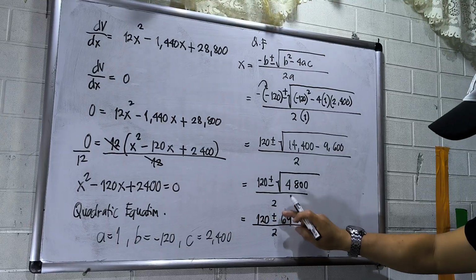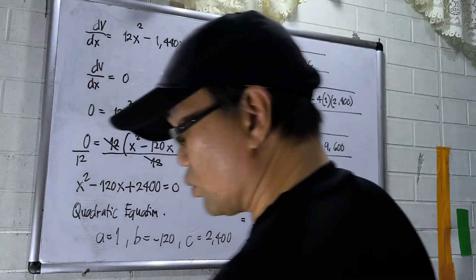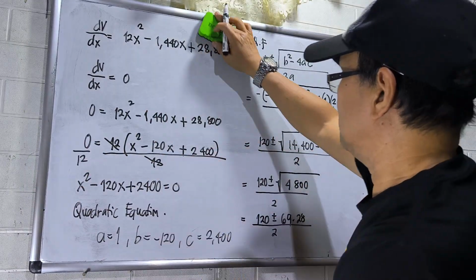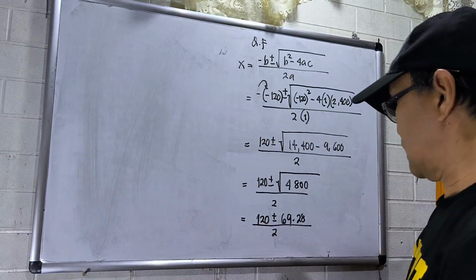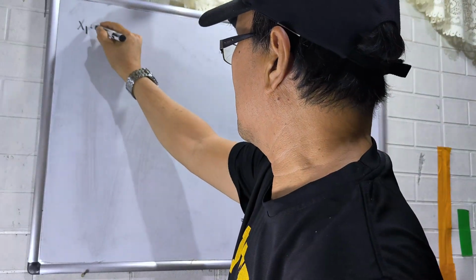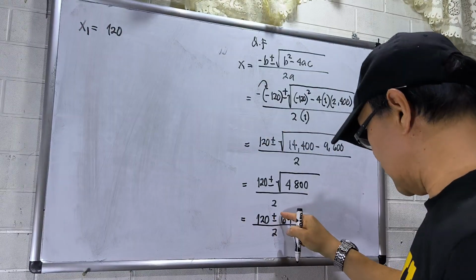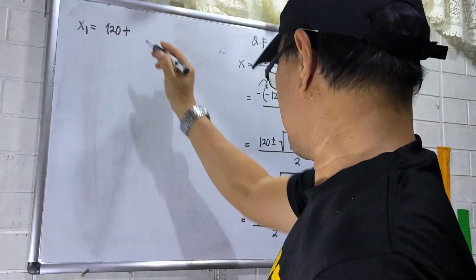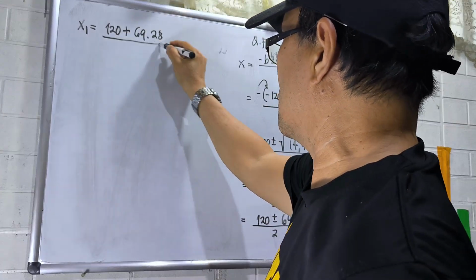So take note, we have two values of x. We have x1 and x2. Okay, so x1 will be 120, I will use the positive for x1 at the top, 120 plus 69.28 over 2.